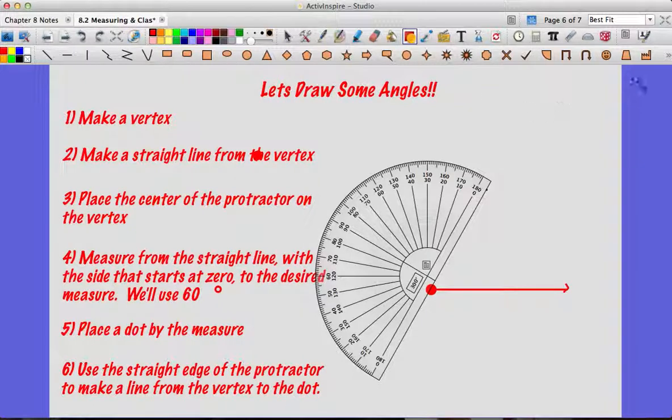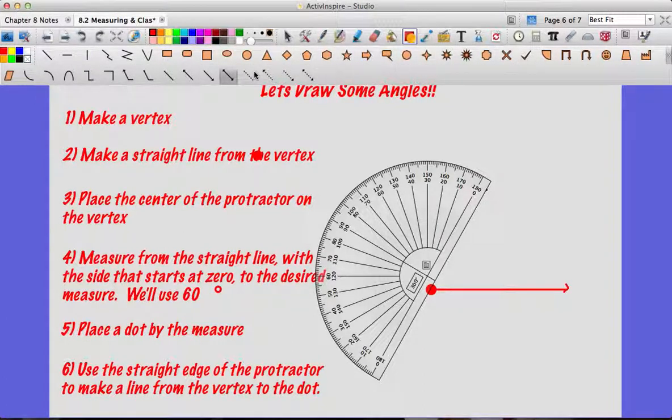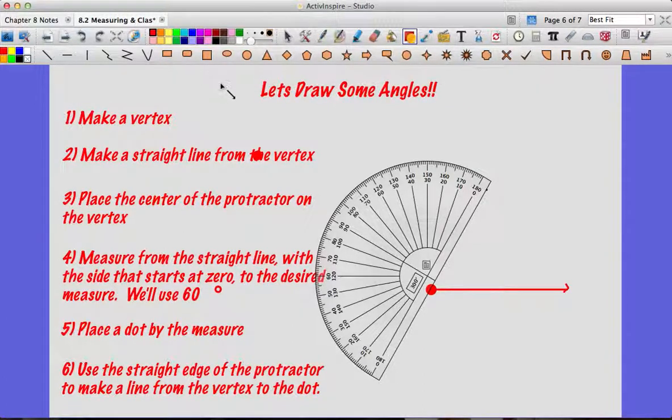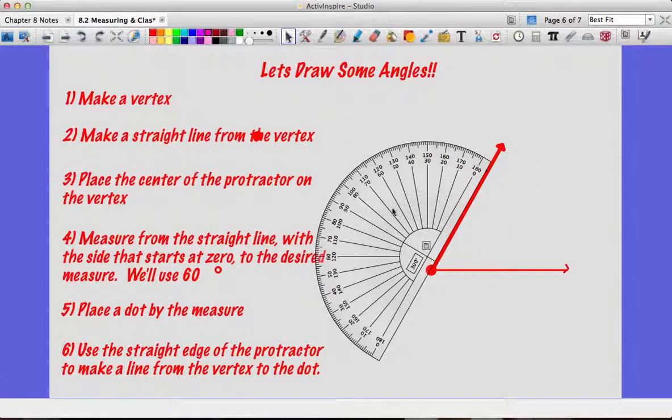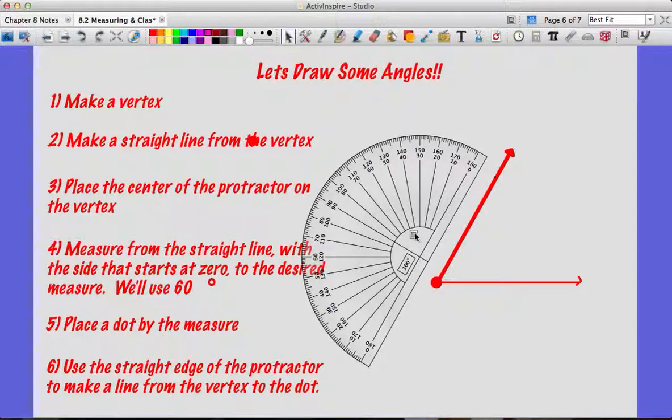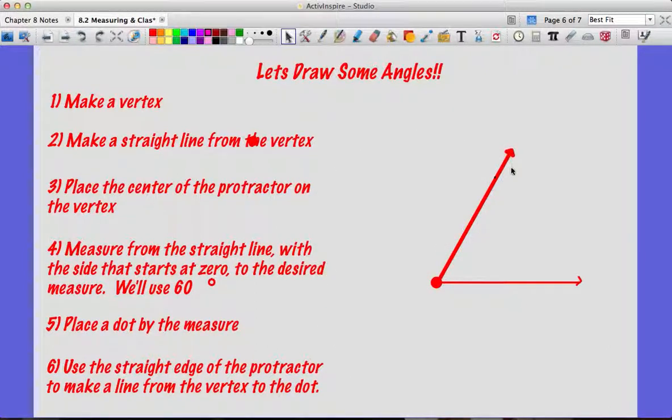I'm going to use my line tool to make sure that I make a nice, clean, crisp line. You can use the side of your protractor. Okay, so I start here, and I go past that dot, put an arrow at the end, showing that that ray goes on forever, and I have now drawn a 60-degree angle.